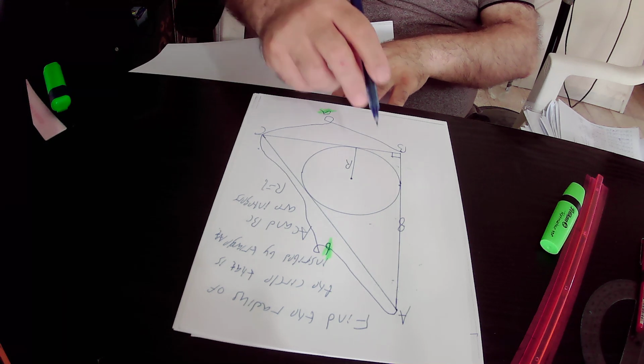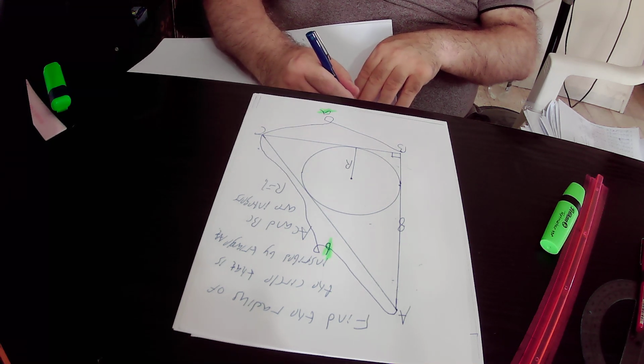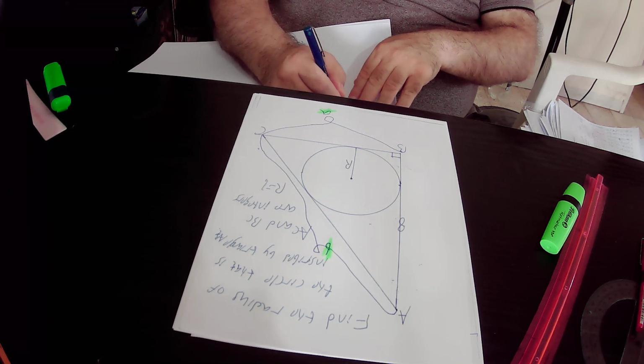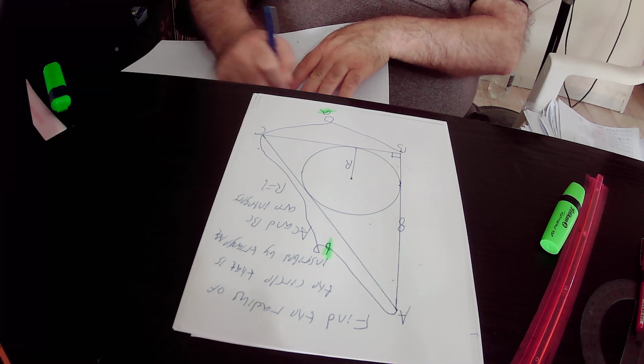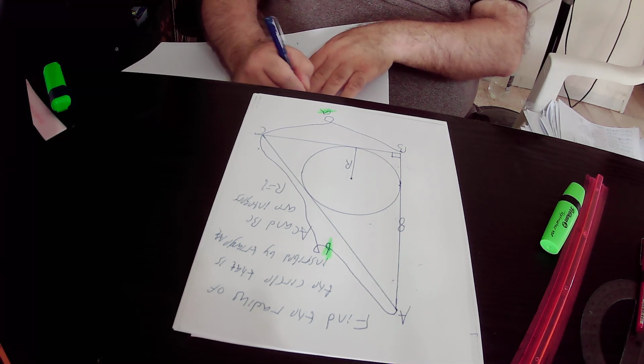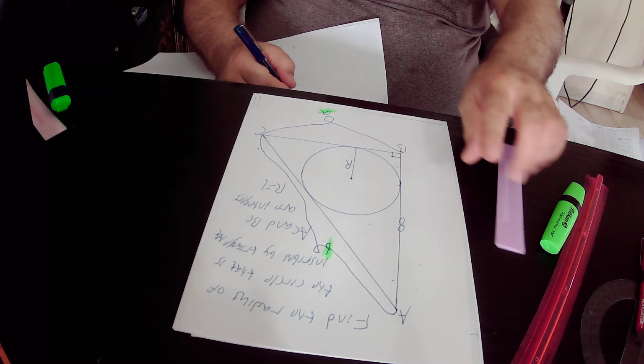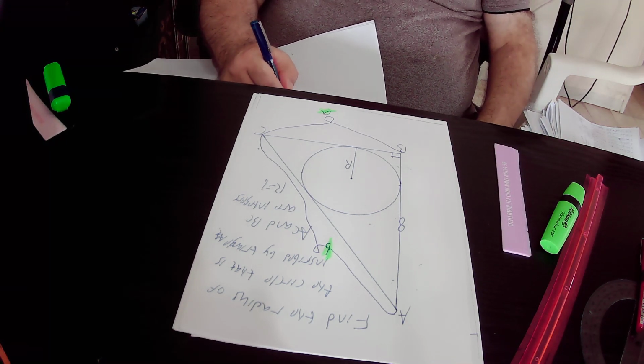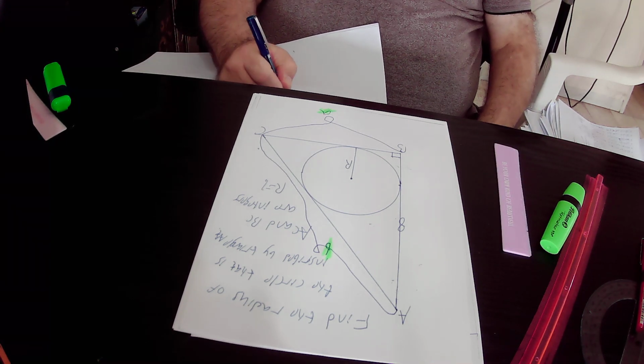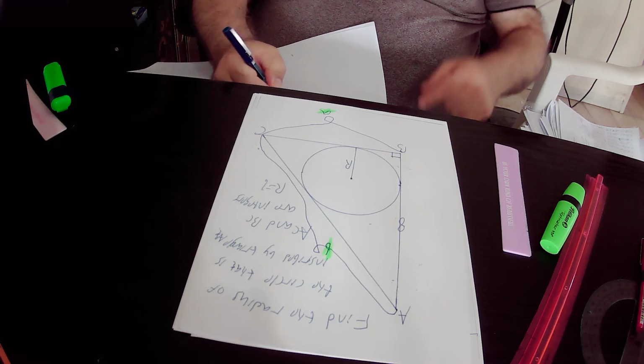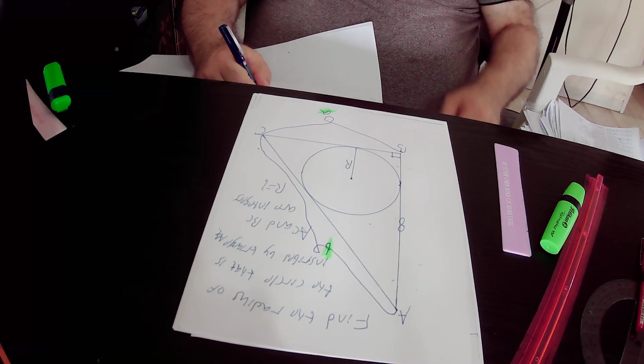The square of the hypotenuse is AC squared, and it is equal to AB squared plus BC squared.